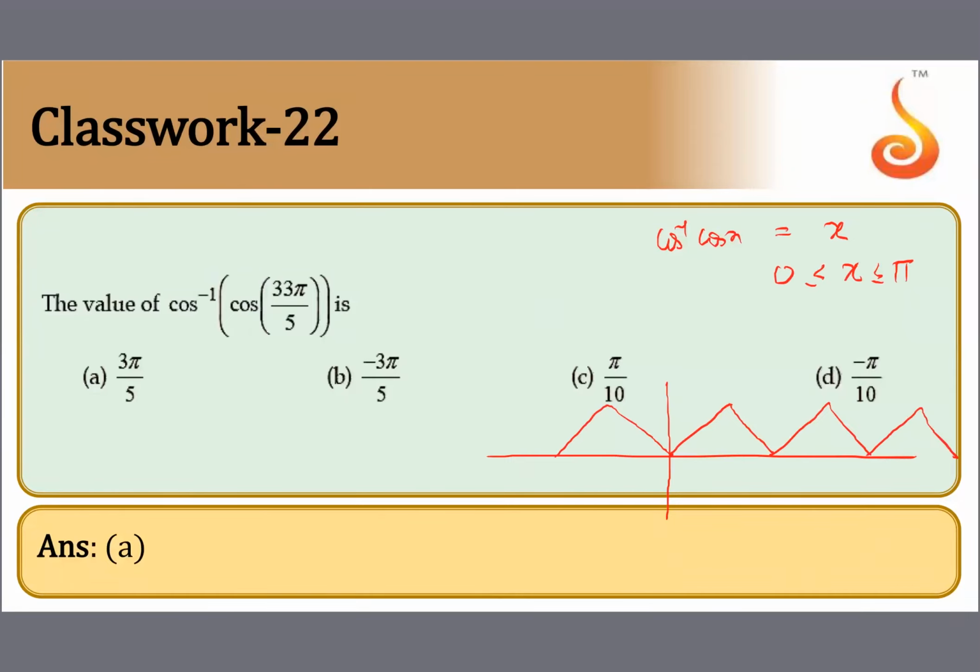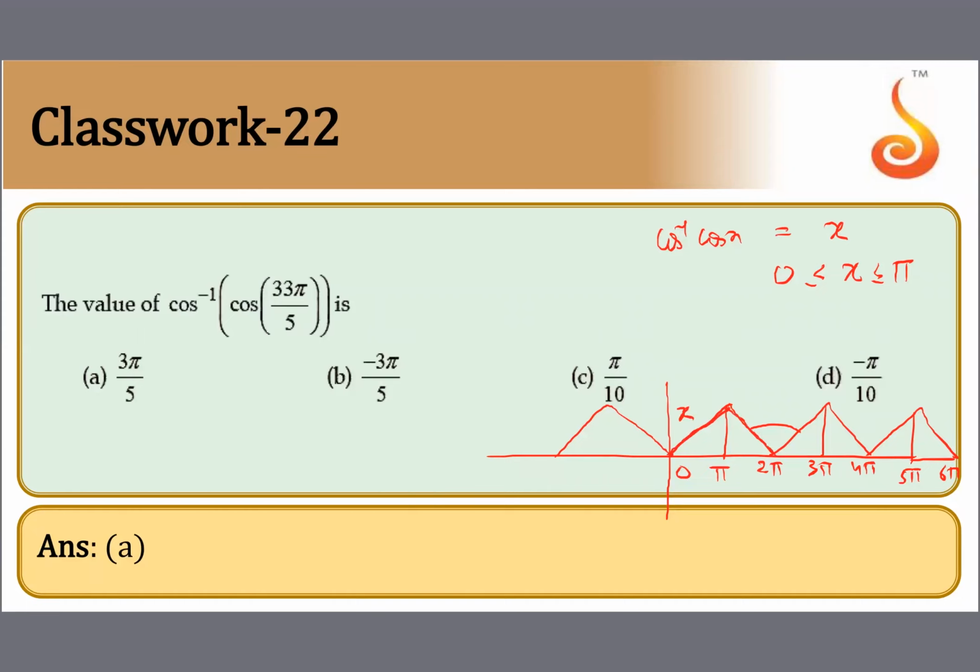Mountains, and in between the sun. You've drawn this or not? This is 0, this is pi, this is 2 pi, this is 3 pi, this is 4 pi, this is 5 pi, and this is 6 pi. Clear? So this slope is x between 0 to pi.